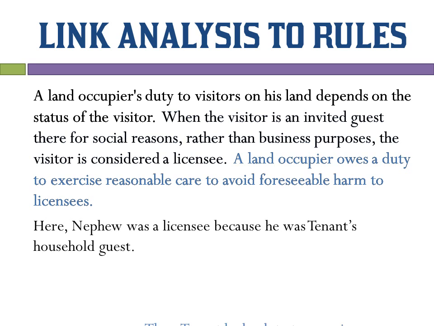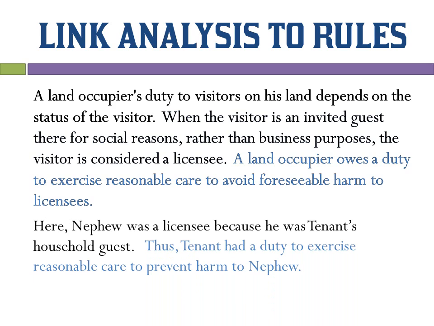So, here in your analysis, you want to say, therefore, tenant had a duty to exercise reasonable care to prevent harm to nephew. So you see, the way we set up the rule can be paralleled in the analysis, and you don't want to skip things that are in the rule and not talk about them in your analysis. So, that's it for duty.